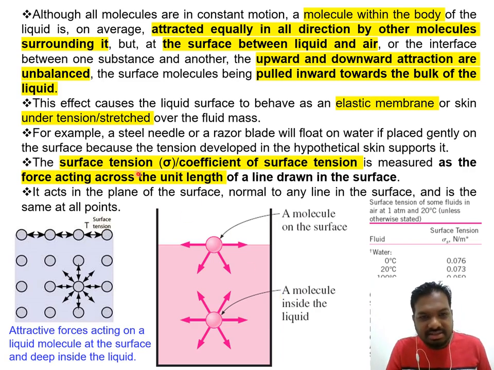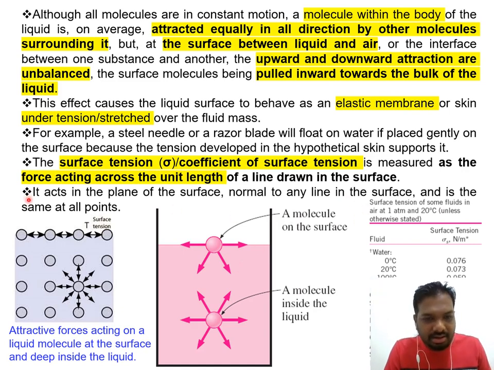The surface tension, or the coefficient of surface tension, is measured as the force acting across the unit length of a line drawn in the surface. Practically, we call this surface tension. So we are not calling it an elastic membrane or skin, but there's a name for it: surface tension.